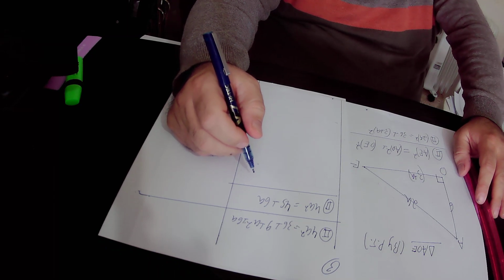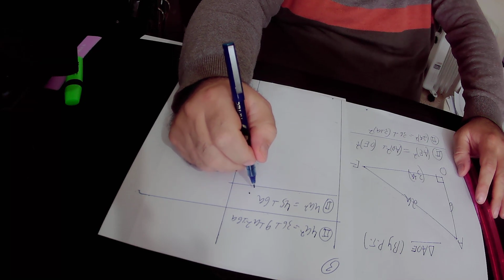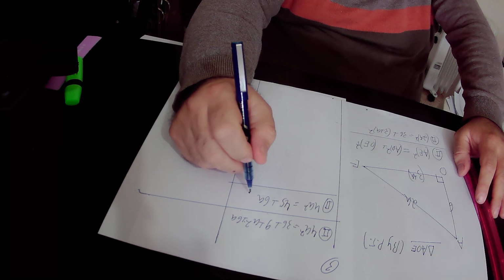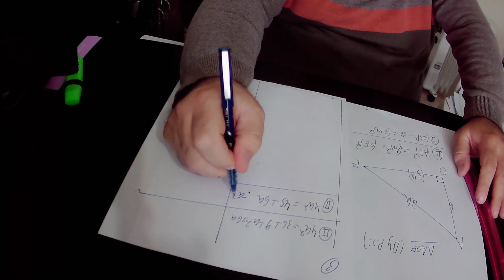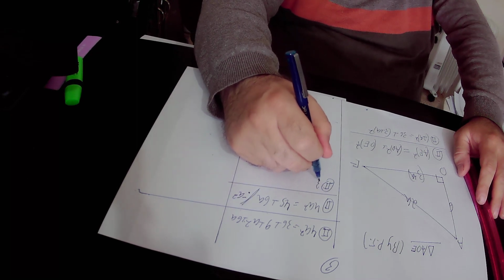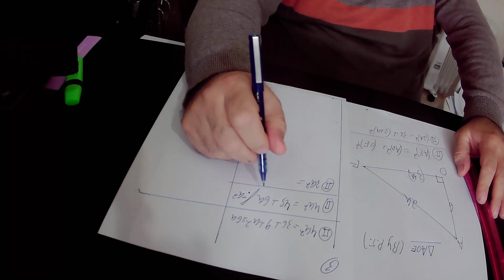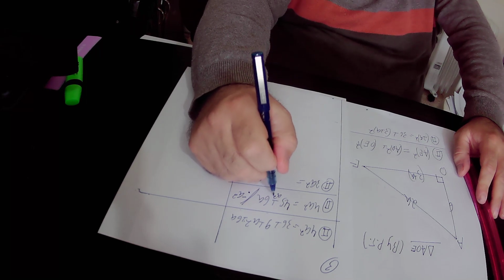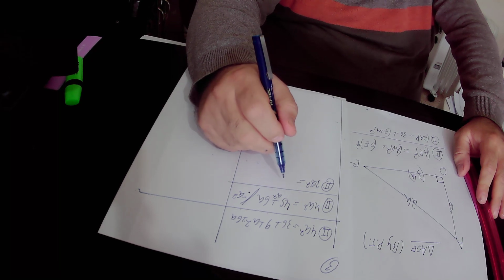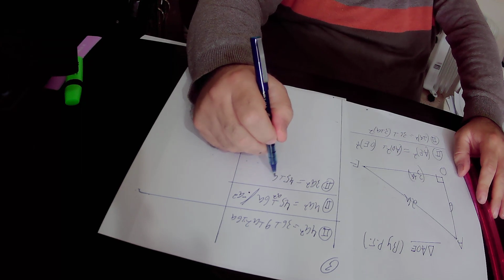Here we divide the equation by 3. First of all, we subtract a squared from this equation. 4a squared minus a squared is 3a squared, and that is equal to, here we have also a squared, a squared minus a squared is 0, so what is left on this side of the equation is 45 plus 6a.